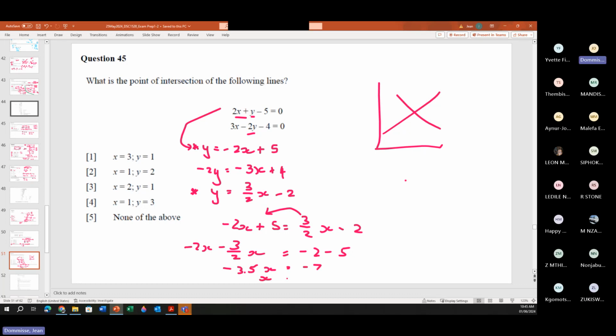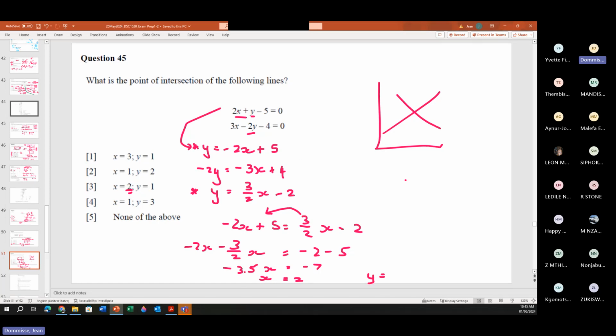So x will be equal to 2, because minus 7 divided by minus 3.5 will give us 2. And luckily there was only one option with 2 in it, and then just one of them we will put the 2 back in.